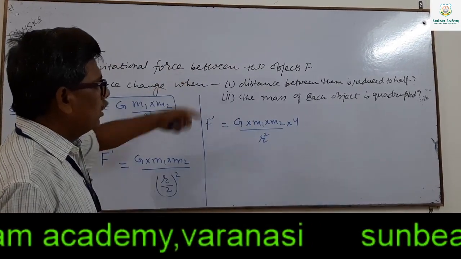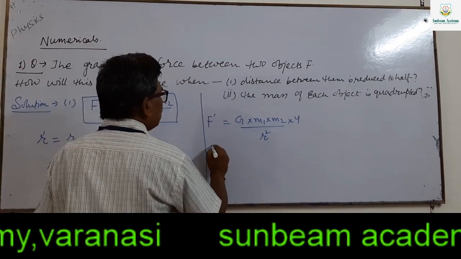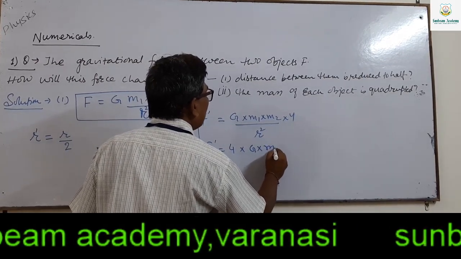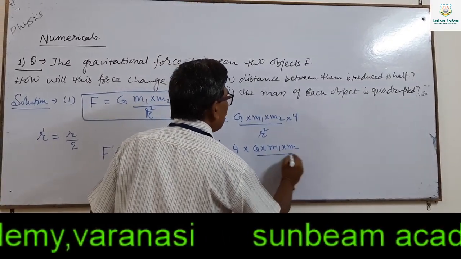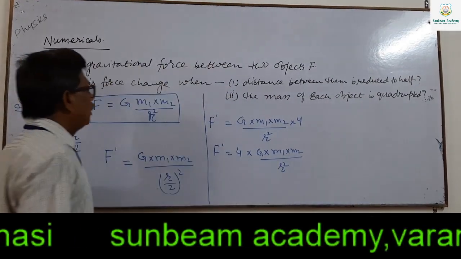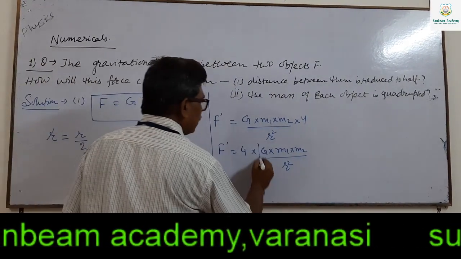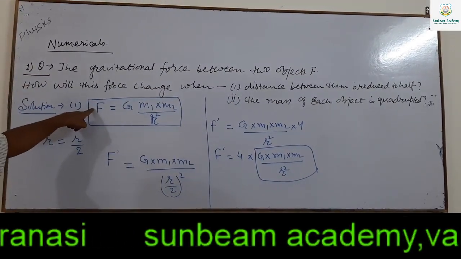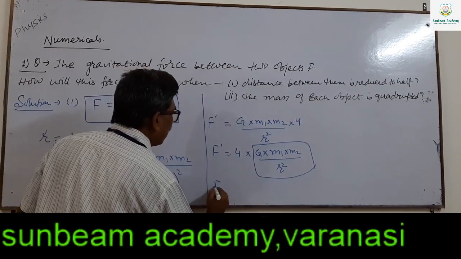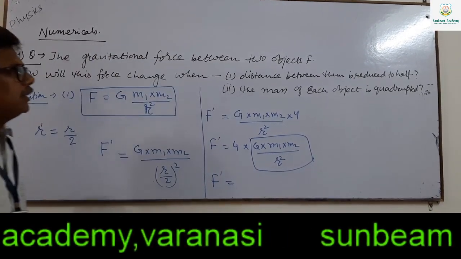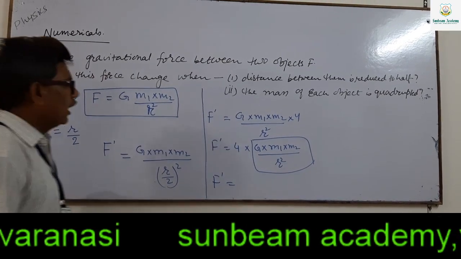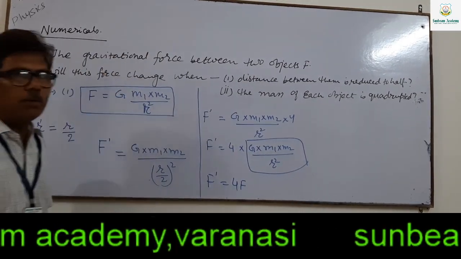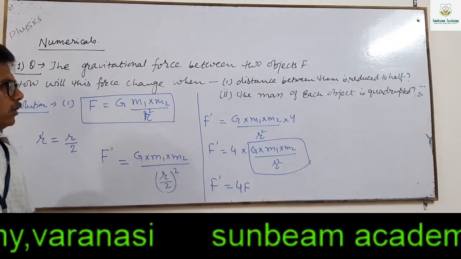This 2 will come in the numerator side. It means F dash is equal to 4 into G into m1 into m2 upon r square. Now this is equal to the initial gravitational force F. So after reducing the distance between the two objects to half, the new gravitational force will be 4 times.